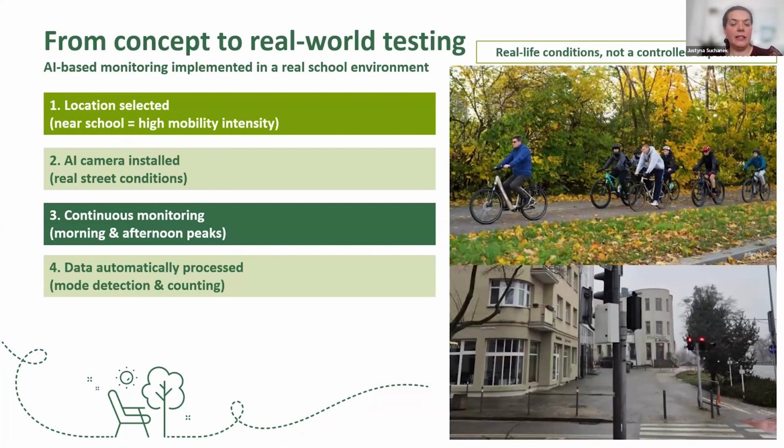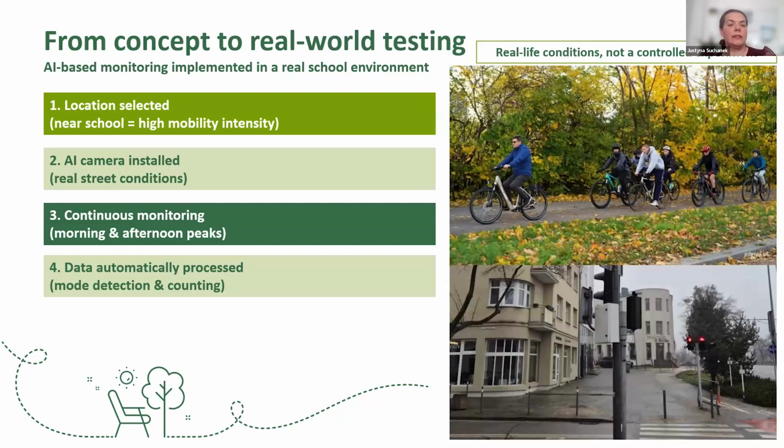And then we moved to real conditions. We selected a location close to a school, and from the beginning, only one location where mobility intensity is high. And we installed an AI camera in a real street environment, not in a model, not in a simulation, but we monitor movement during morning and afternoon peaks in this area.